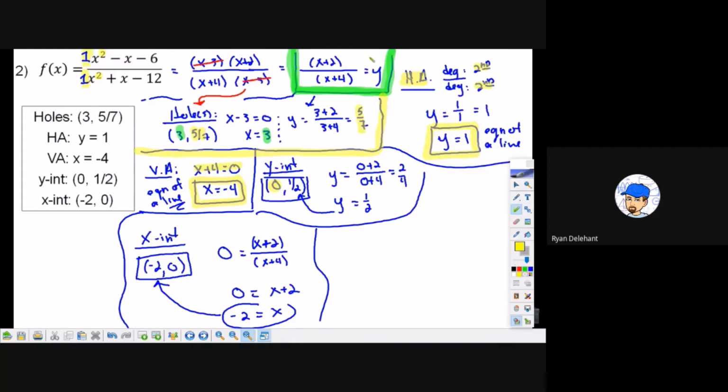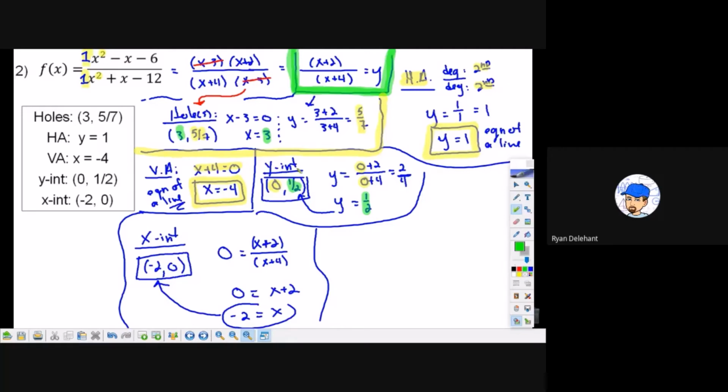So I take the equation that was left over in green and I substitute in 0 wherever I see an x, and then calculate my answer. So 0 plus 2 is 2. 0 plus 4 is 4. So 2 over 4 simplifies into 1/2. And that's where I got the 1/2 that goes in as the y value of that coordinate.